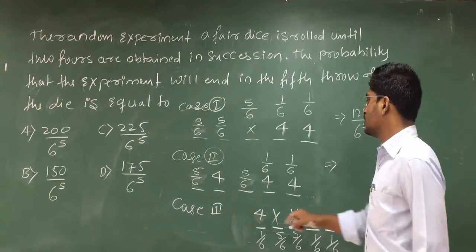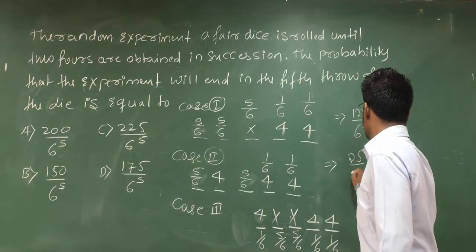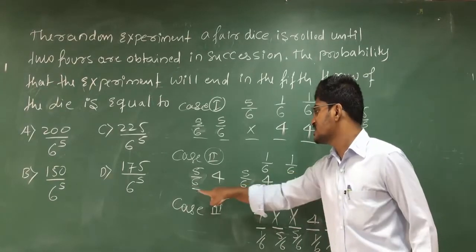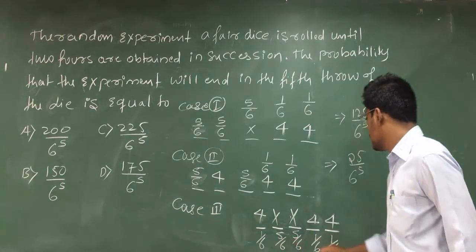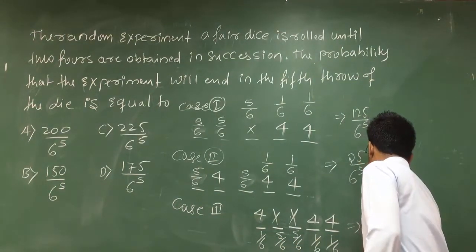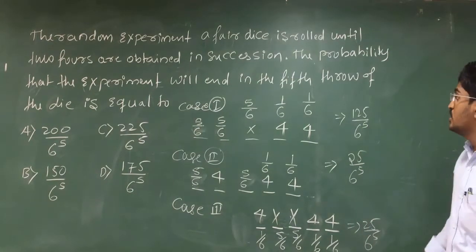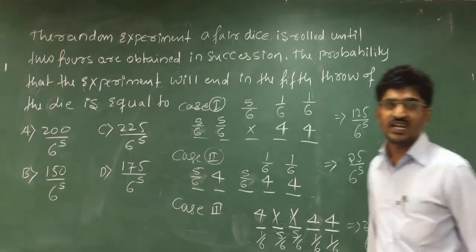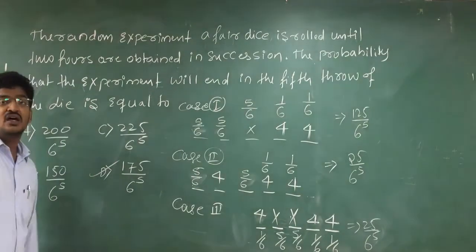This will be what? 25 divided by 6 to the power of 5, because this is 1 by 6, 1 by 6, and these two are 5 by 6. Here 5 by 6, 5 by 6. This will also be 25 by 6 to the power of 5. Clear? So now make the sum of this: 125, 150, 175 divided by 6 to the power of 5 will be your answer.